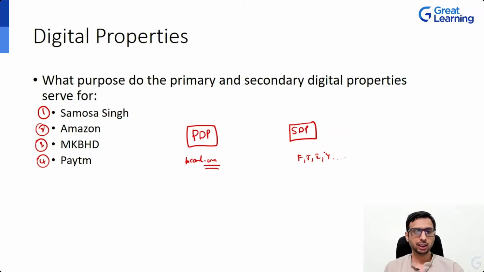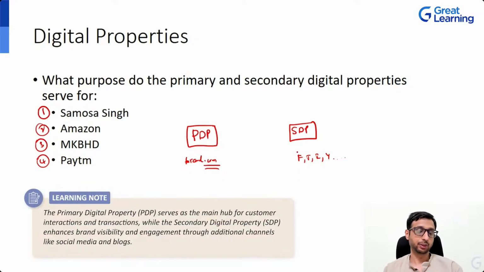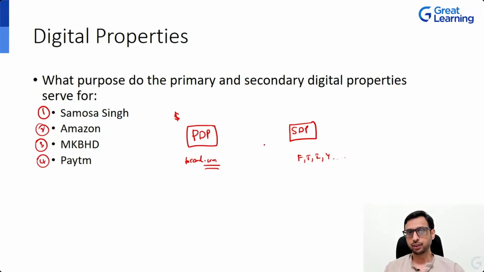whose main aim is to see, at least what appears to be, is to divert traffic to the primary digital property. In fact, whenever the primary digital property is the main source of revenue, the entire ambition of a secondary digital property will be to push traffic there.